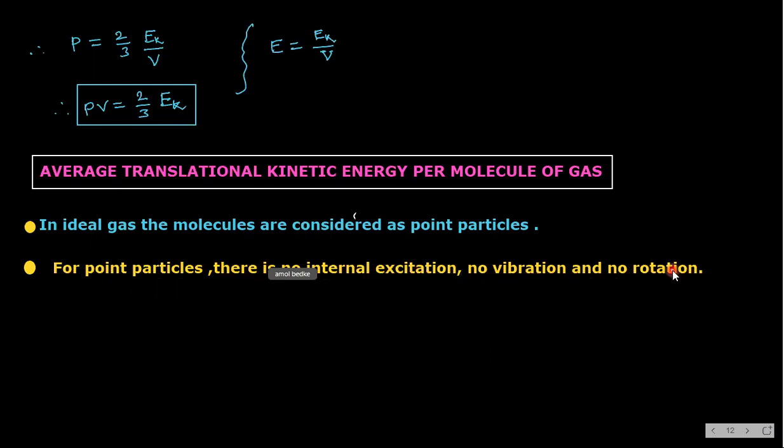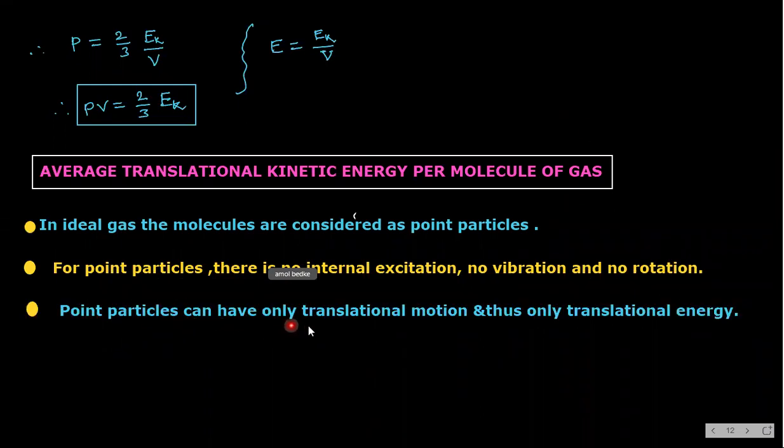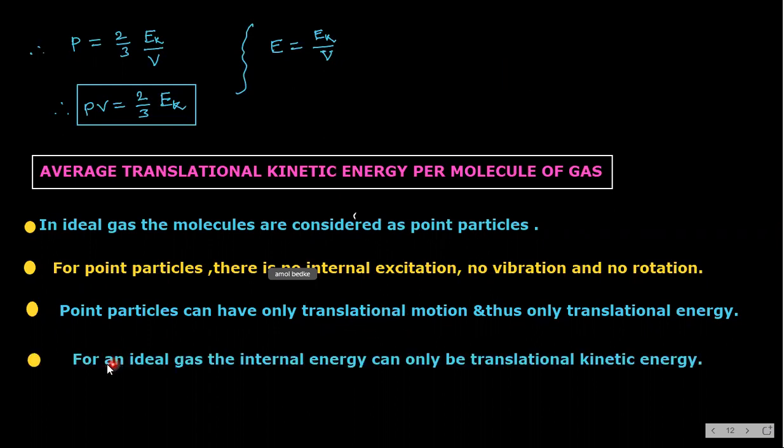There will be no excitation, no vibration, and no rotation also. Point particles can have only translational motion and thus only translational energy. These particles can have translational motion, and that's why translational energy. For an ideal gas, the internal energy can only be translational kinetic energy, and due to that, they may have only translational kinetic energy. Note down.